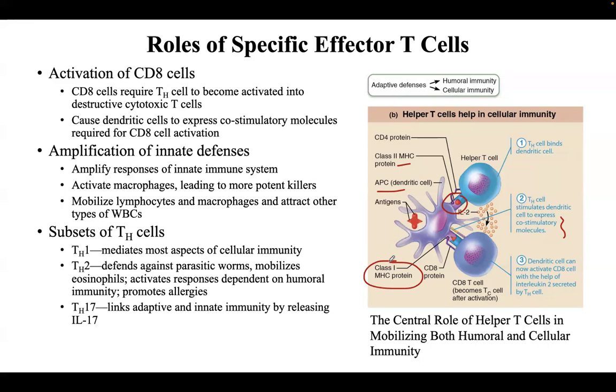On the other hand, the T cell is indirectly activating the CD8 cell to perform its function. It helps the dendritic cell express the co-stimulatory molecules required for CD8 cell activation. So when I said that CD8 is activated by an APC, there are helper cells helping that process to happen. Does it make sense?